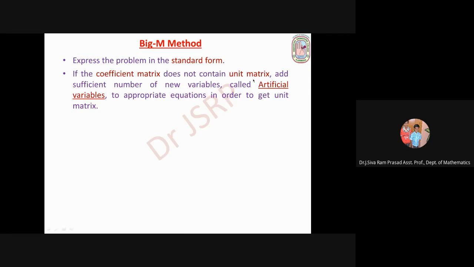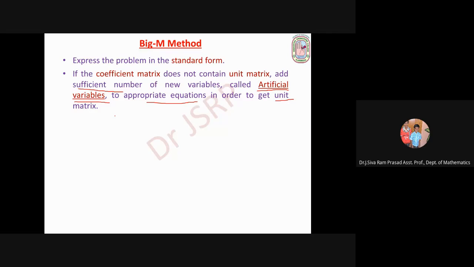In that case, we have to use new variables that are called artificial variables. So this will be given in 1 mark questions.